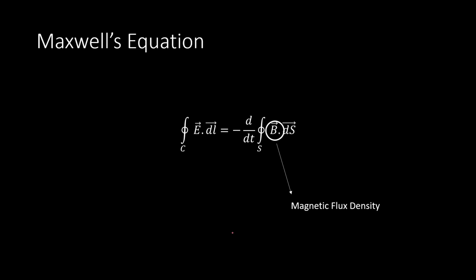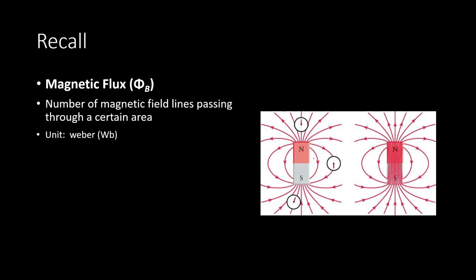So first, let's remind ourselves of the simplest concept, which is B, representing magnetic flux density. Imagine we have a magnet, and the magnet has many magnetic field lines coming out from the North Pole, and then they come back into the South Pole. The magnetic flux is a measurement of the number of magnetic field lines passing through a certain area.